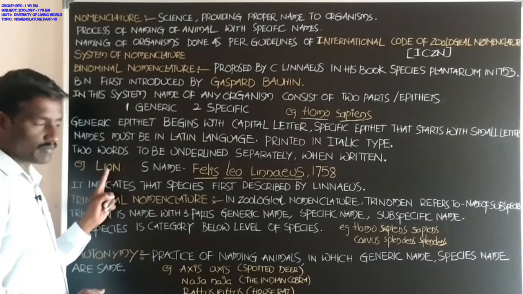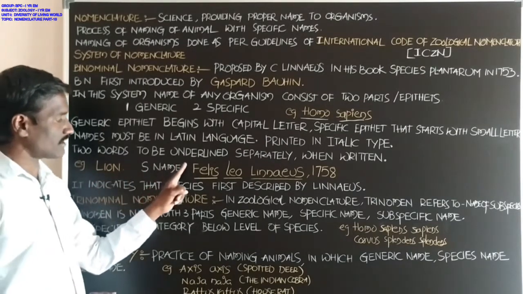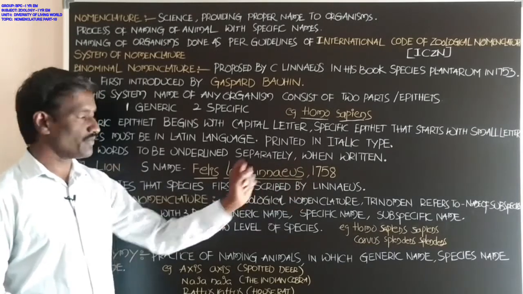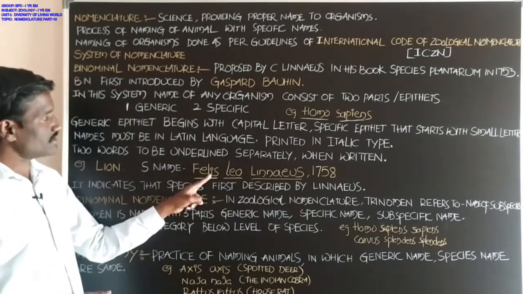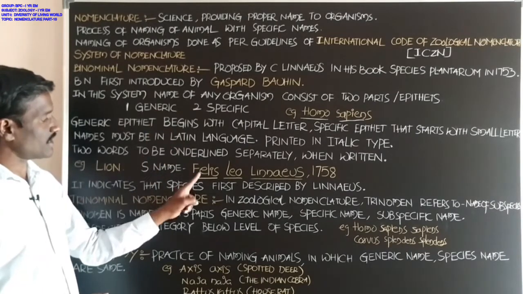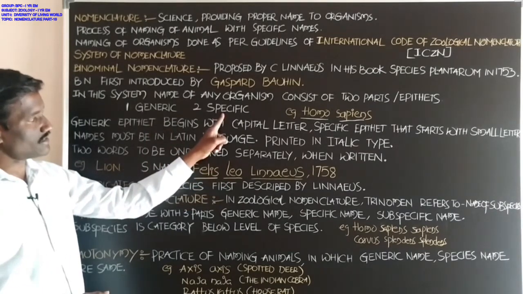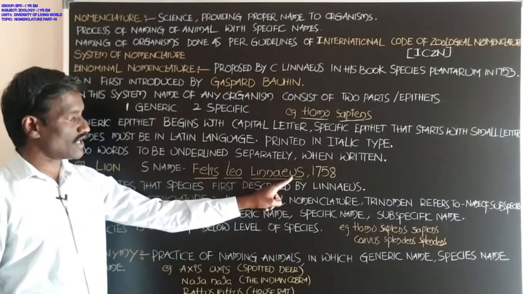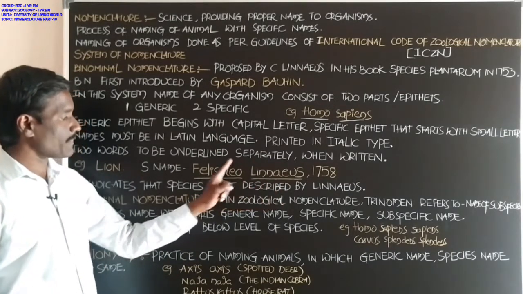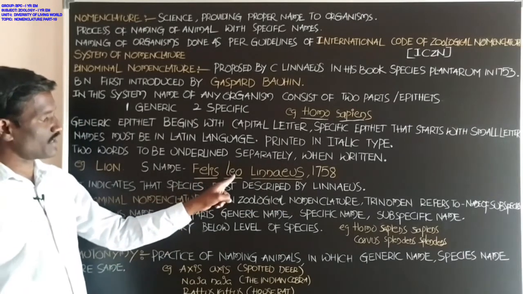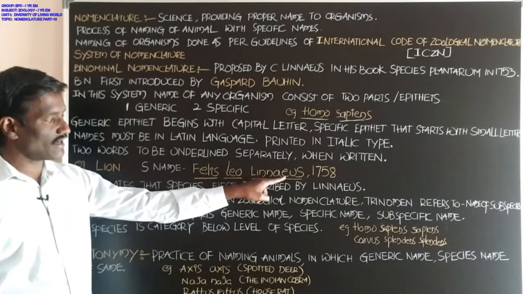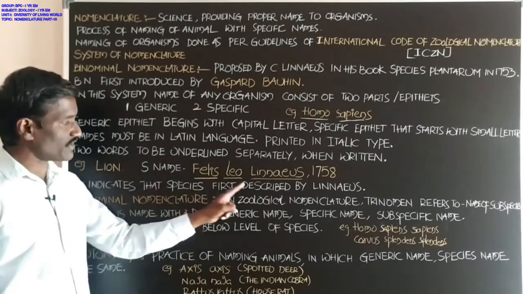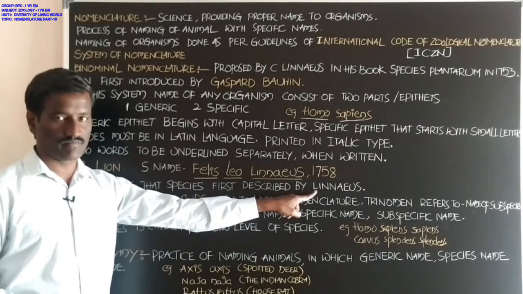The scientific name of the lion is Felis leo Linnaeus 1758. Felis indicates the generic epithet, leo indicates the specific epithet, and Linnaeus is the scientist name written after the specific epithet. It indicates that the species was first described by Linnaeus.